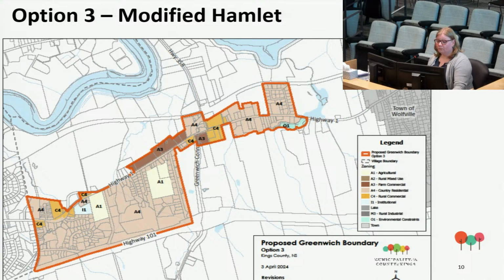Okay. And if we make this recommendation to council, are you going to bring it forward as this presentation, or are we only going to give council this option 3, or do we offer them the other options as well? This would come forward with our recommendation.